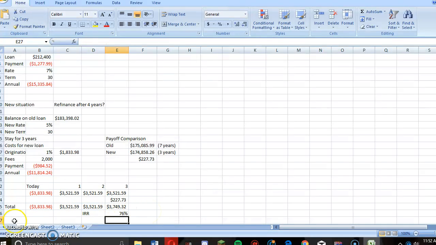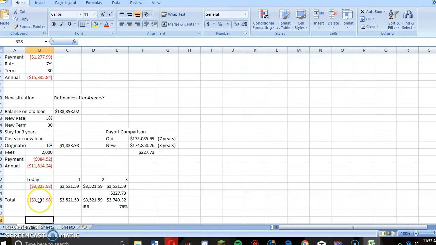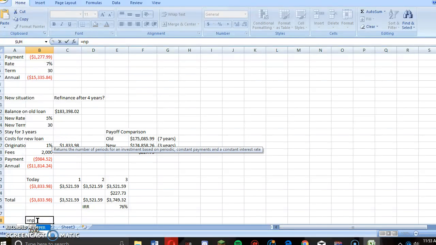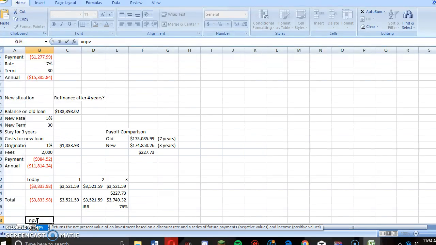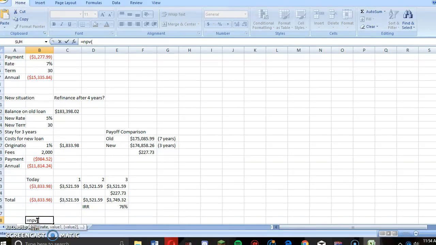Okay, and then there's 76%. Okay, so since over here is a negative, we're going to want to use the NPV function just to be on the safe side to make sure that we know exactly what we're doing. So we're going to do 0.1. Okay, and then we want to put all the future cash flows. And then we're going to want to subtract this one, but since it's already negative, we're actually going to just add it.